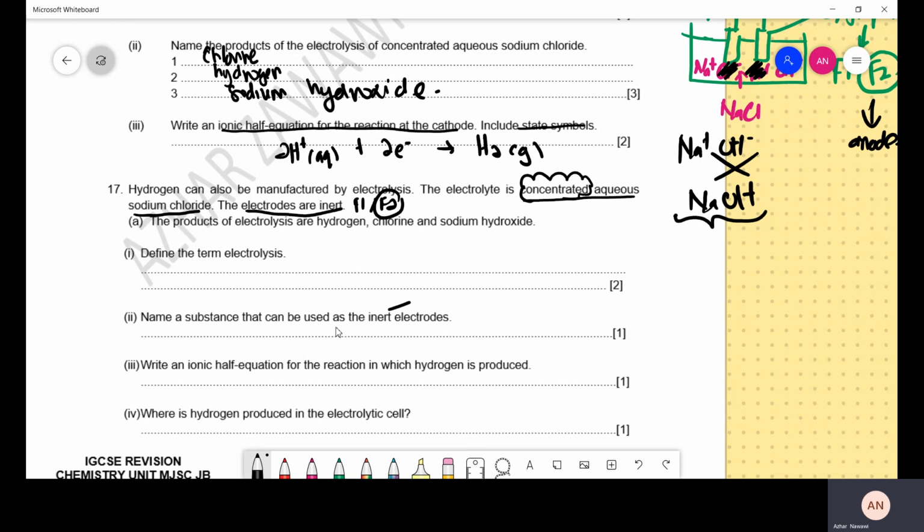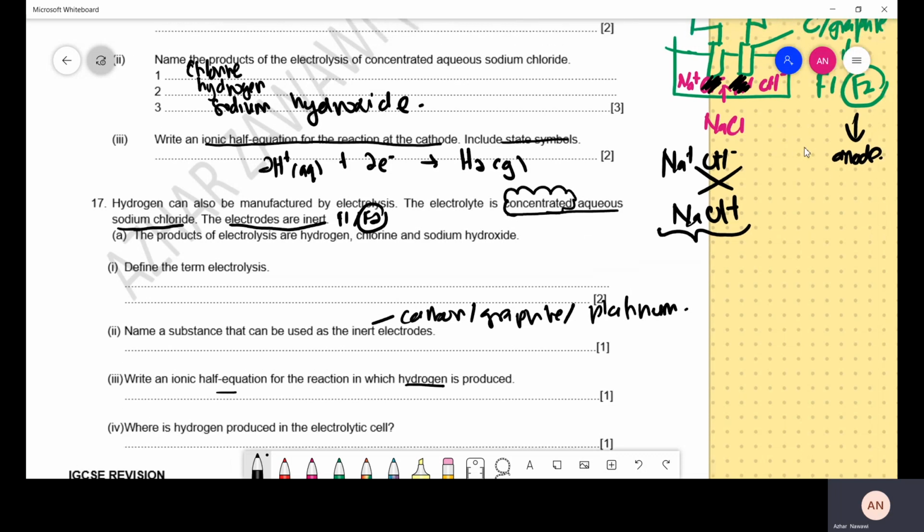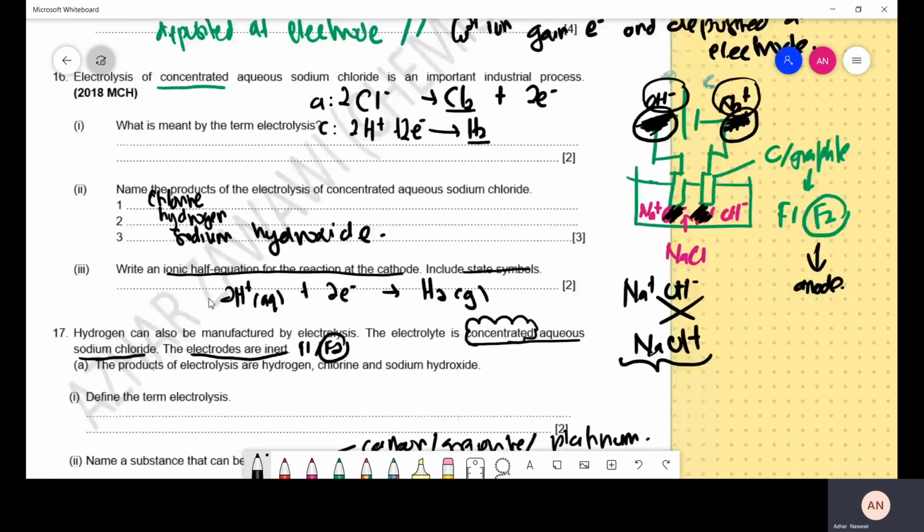Name a substance that can be used as an inert electrode. Inert is always 3. You can use carbon or graphite, or you can use platinum. Either one. Half equation for the reaction in which hydrogen is produced. You can use the same diagram, because questions 16 and 17 are the same.